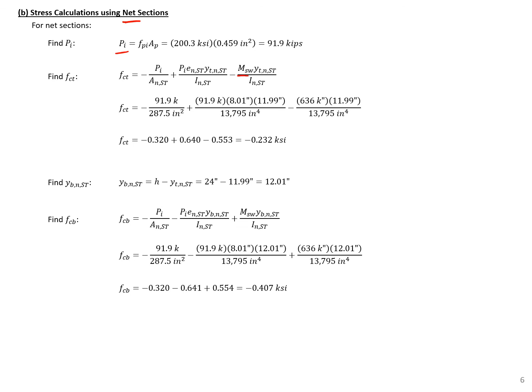And we have the same signs and same components as we did for gross, but we can find then our top fiber stress to be negative 0.232 KSI and our bottom fiber stress to be equal to negative 0.407 KSI. Note that in this case, we have a different distance between the centroid and the top fiber and the centroid and the bottom fiber. So we just need to make sure that we use the correct distances for our two different formulas.